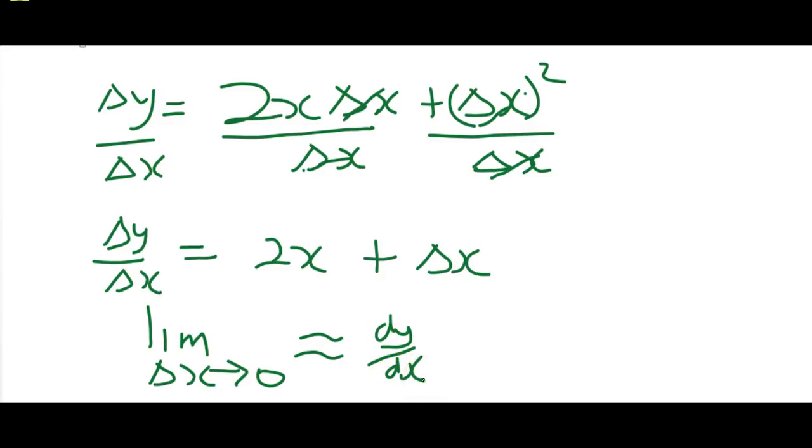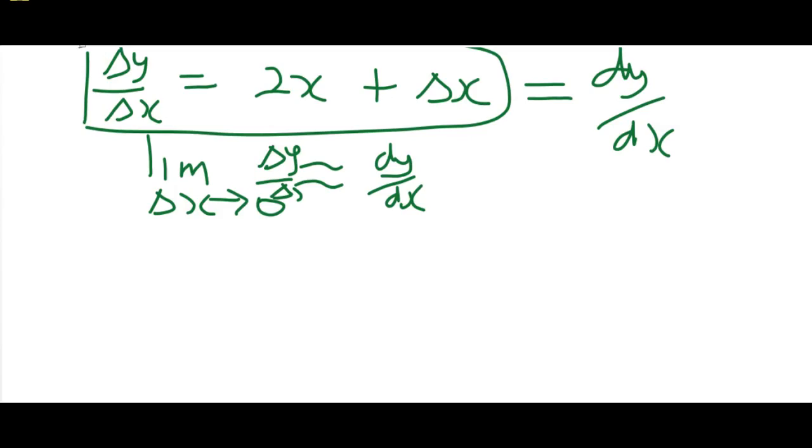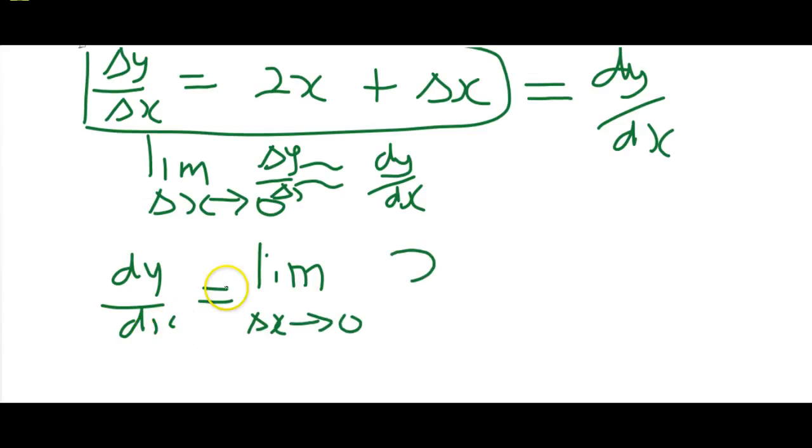And so if I take the limit as change in y on change in x, it should be equivalent to dy/dx. So dy/dx is equal to the limit of this. And so I will say dy/dx is equal to limit as change in x approaches 0 of 2x plus change in x.